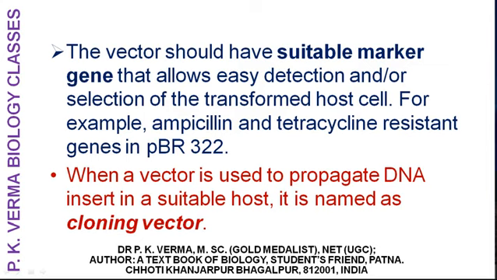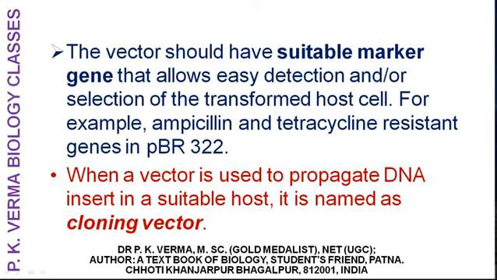One is the resistance for ampicillin and another is resistance for tetracycline. So the alien DNA must be inserted either in the region of ampicillin resistance or in the region of tetracycline resistance. After transformation, resistance is lost, and that can help differentiate the transformed from the non-transformed bacteria.